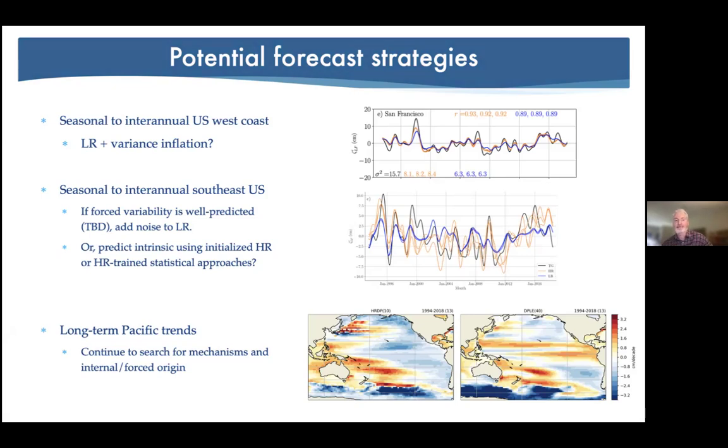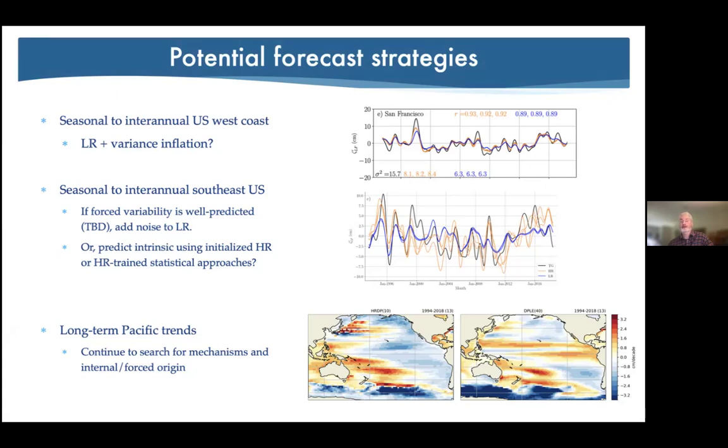In terms of the last topic, I don't have any simple answers. The high resolution model does give you qualitatively different outcomes for certain sea level trends. Those are going to be difficult to parameterize, but I think we have to continue to focus on trying to understand the mechanisms that drive those large scale emergent trends, in order to figure out what it is that these high resolution models are doing that is not represented in the low resolution models.